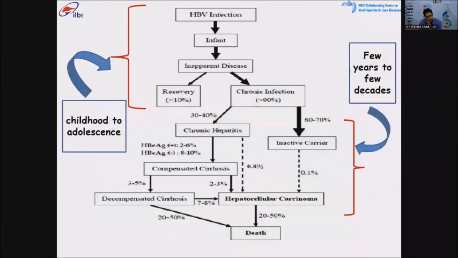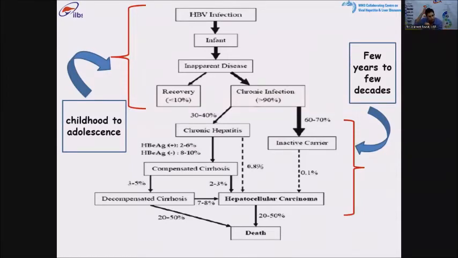The most important thing in chronic viral hepatitis B in children is that the majority of them do not suffer from any clinical disease. They may be HBsAg positive, but most of them are doing well. There is only a very limited risk that they may develop chronic liver disease or cirrhosis, only 1 to 5%, less than that. So in children, the virus is not going to damage the liver.